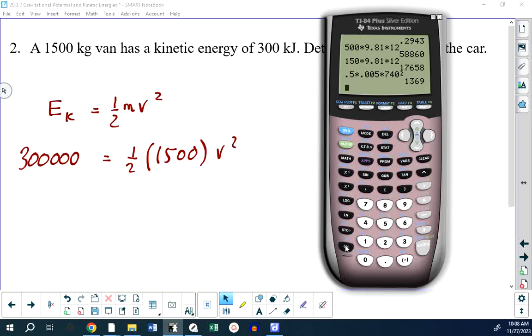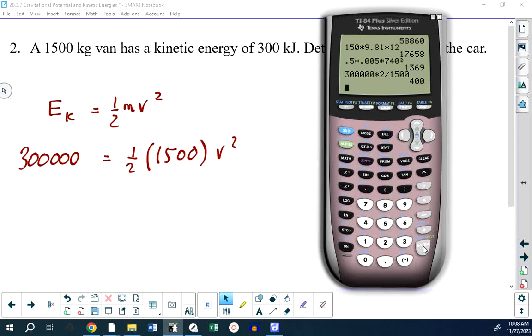You take the energy, you multiply by 2 to get rid of the half, you divide by the 1500 to get rid of the 1500, hit equals, now you take the square root. I want you doing it that way, okay? I don't want you wasting time by going 1/2 times 1500 and saying that's 750.